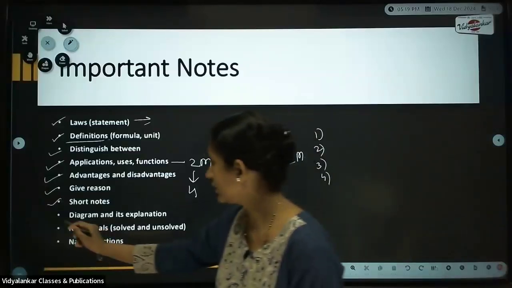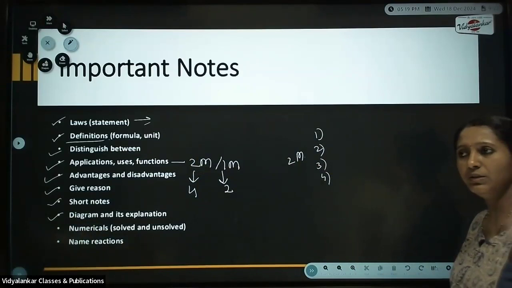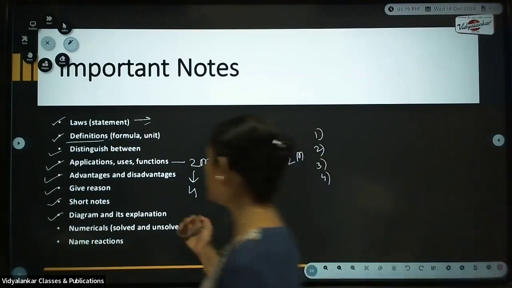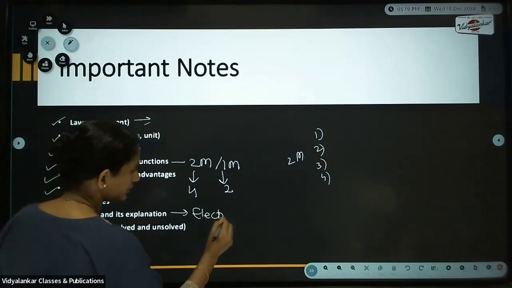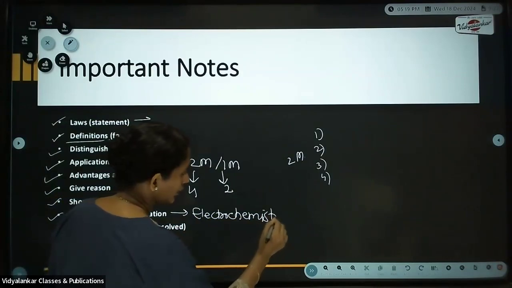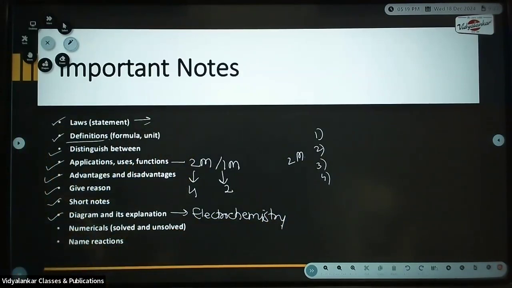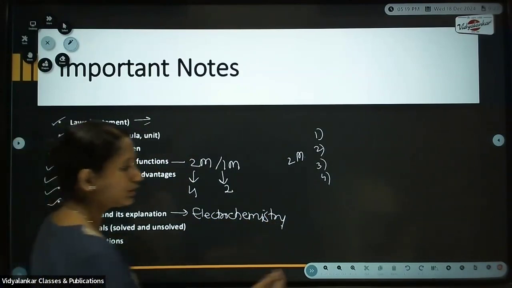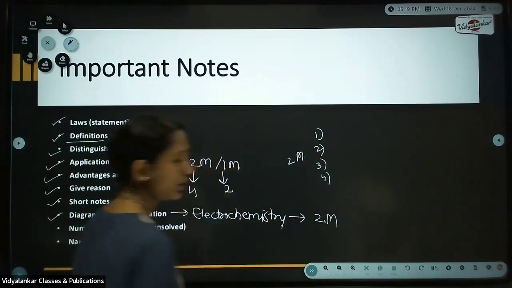Clear? Next, it is diagram and its explanation. Generally, diagrams come from only one chapter, that is electrochemistry. So we have only this chapter in chemistry from where diagrams are asked. If you get a question for a diagram, it generally comes for 2 marks.